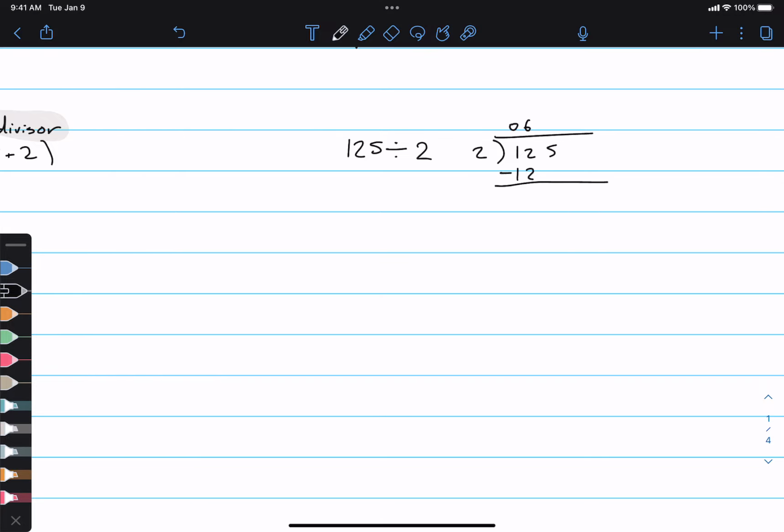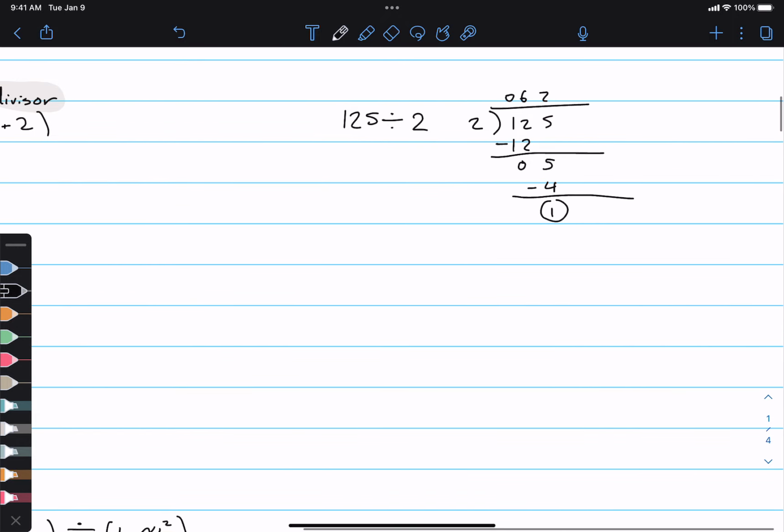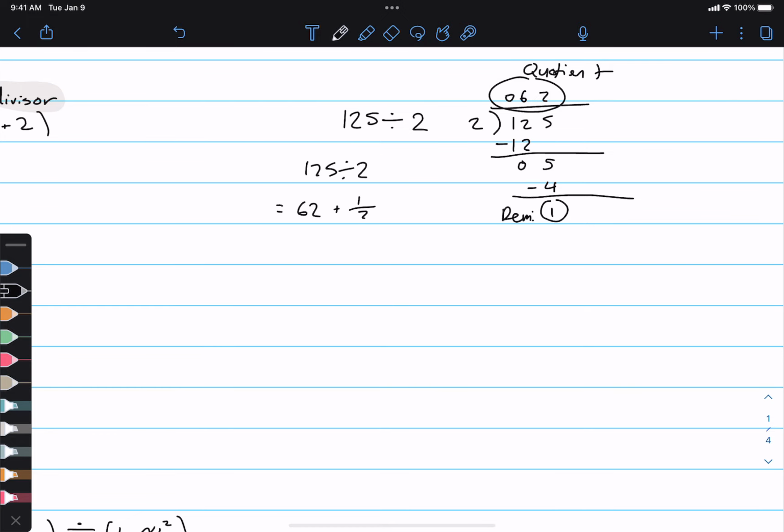So then we're left with 0, 5, and we'd like to see how many times 2 goes into 5, and that is, of course, 2 times, and we're going to subtract 4. And now we're left with a remainder of 1 and a quotient of 62. So we say that 125 divided by 2 is equal to 62 plus 1 divided by 2.